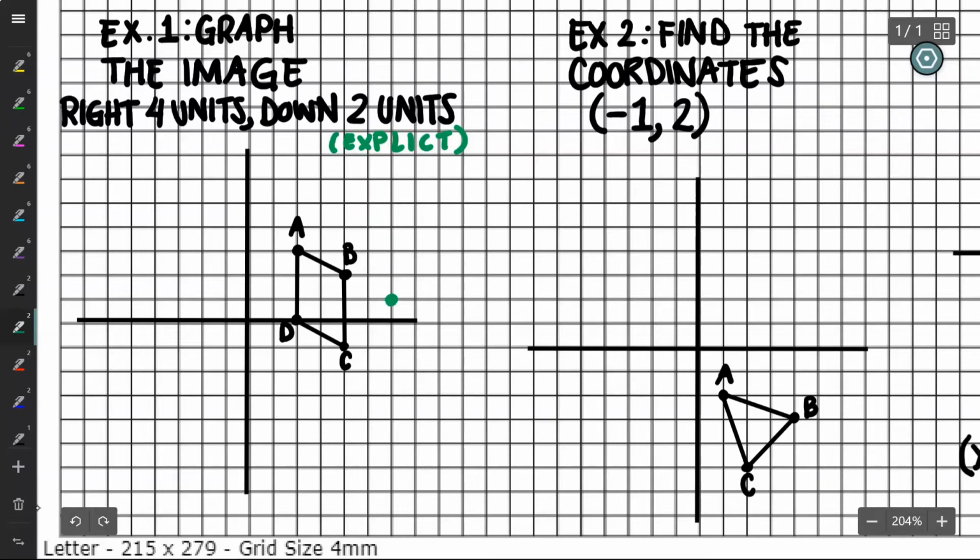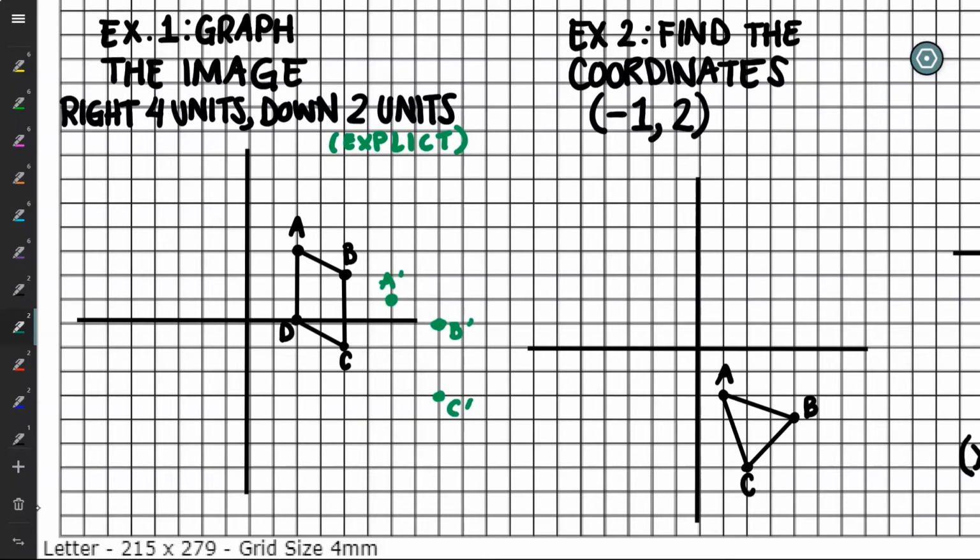This is my new A prime. I'm going to do the same for B. We're going to move 1, 2, 3, 4 and down 1, 2. For my B prime, same with C. 1, 2, 3, 4 and down 1, 2.